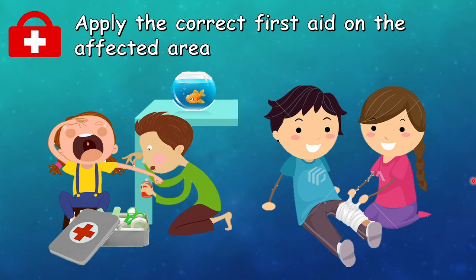So maybe you just have to call someone for help and wait for the ambulance or the nurse or the doctor. But if it's a simple cut like this, or maybe a burn, you can apply first aid. You can clean the wound and apply medicine.